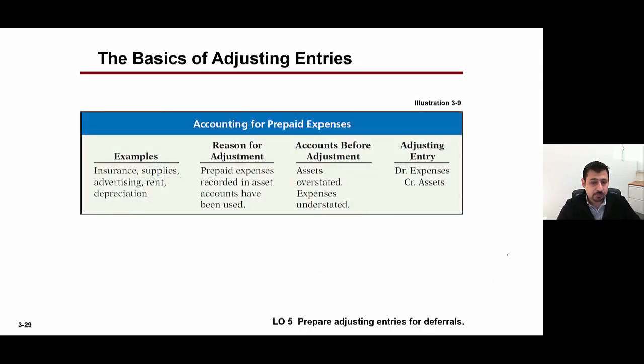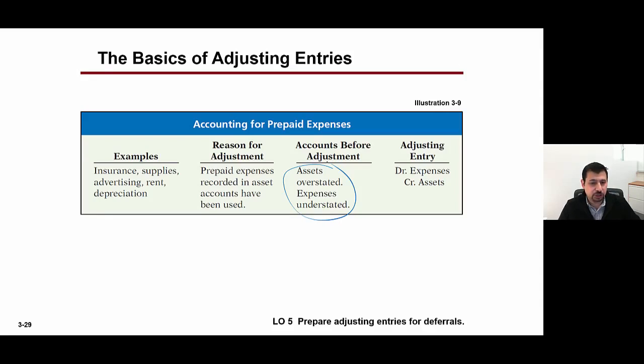To summarize, prepaid expenses, before adjustment, the assets were overstated, expenses were understated. It's very important to understand this. And why? Because until that point, we were saying that we had, for example, over the example of supplies, we were saying that we had $2,500 worth of supplies.